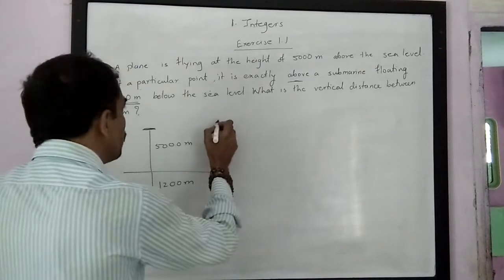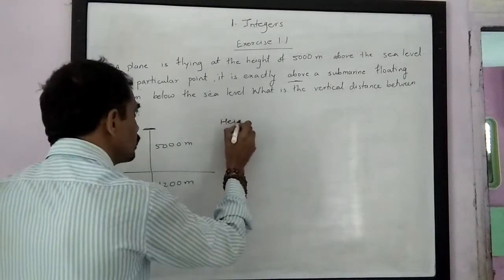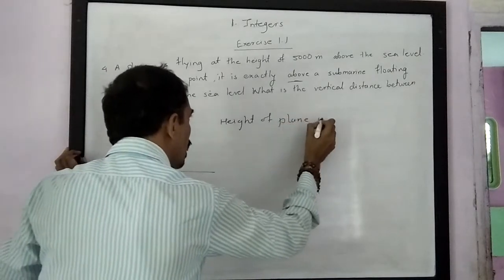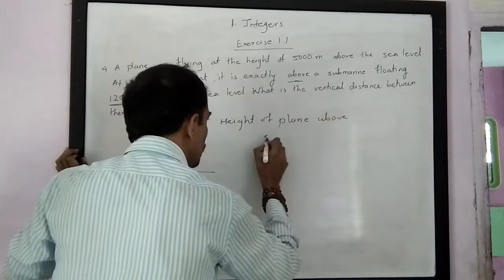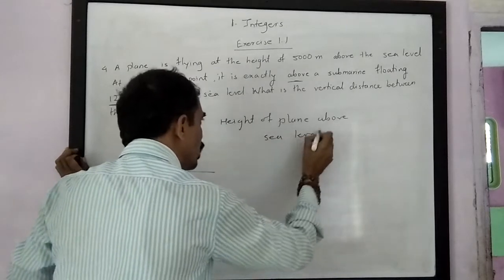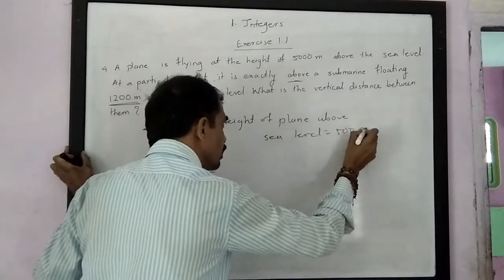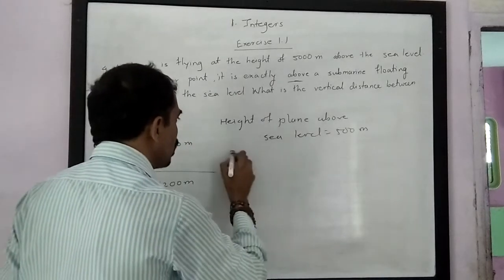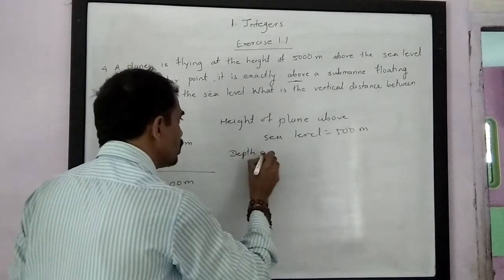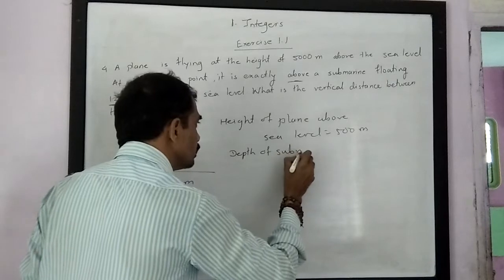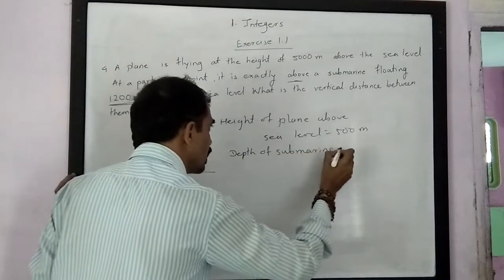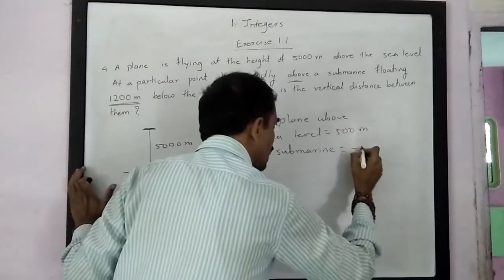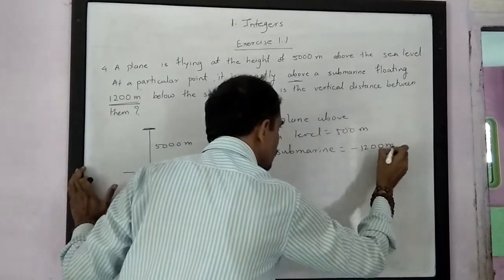Height of plane above sea level is equal to 5000 meters, and the depth of submarine is equal to, since it is depth, we take a negative integer, that is minus 1200 meters.